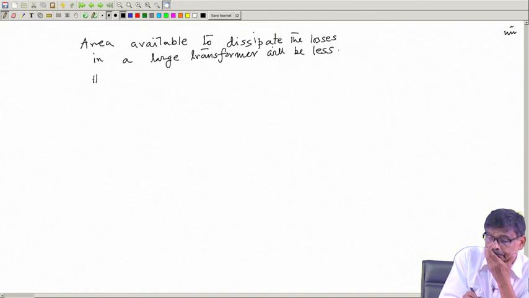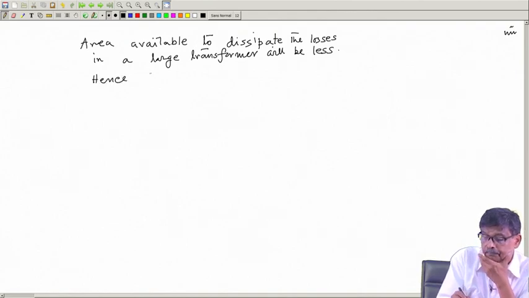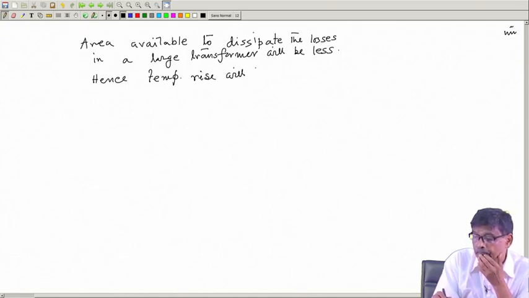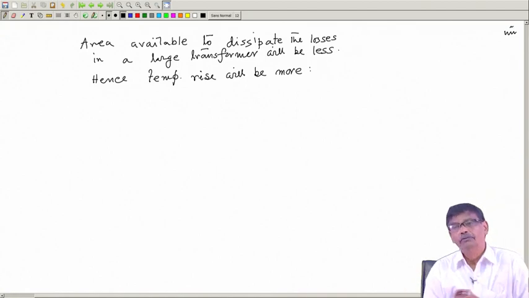Hence, temperature rise will be more. Got the point? Always it will be.